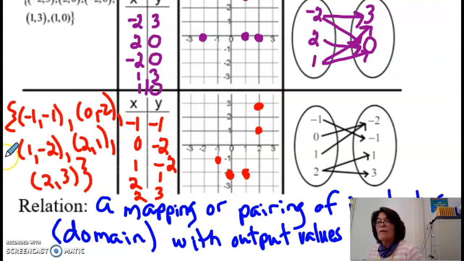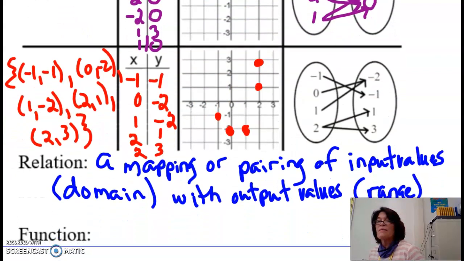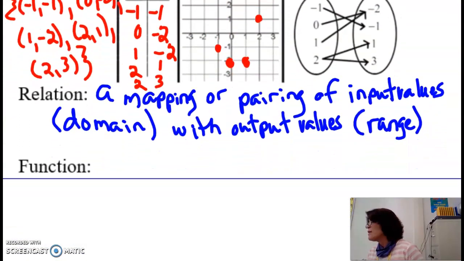Now, in math class, oftentimes we talk about a special relation, which is called a function. And as you heard me call it, it is a relation. A function is a relation, but it's a special one.